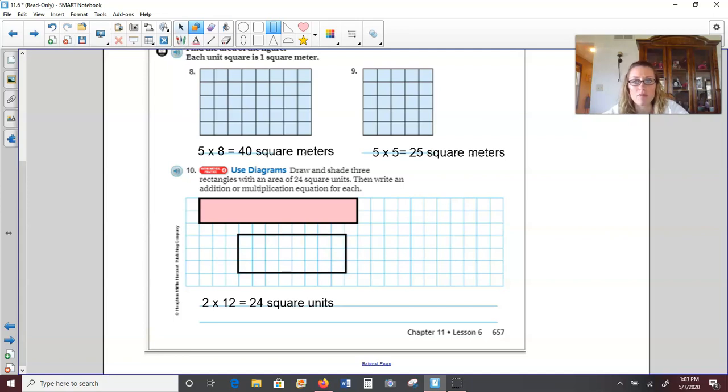So I have 3 rows of how many? 1, 2, 3, 4, 5, 6, 7, 8. Because I know 3 times 8 equals 24.